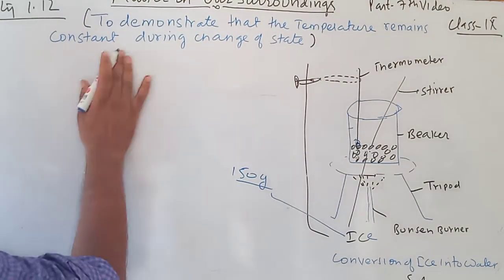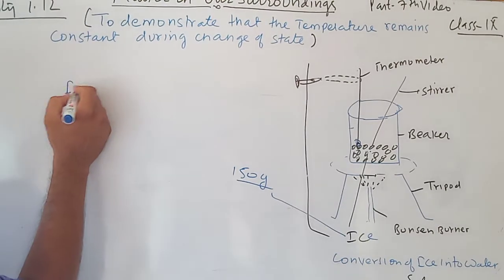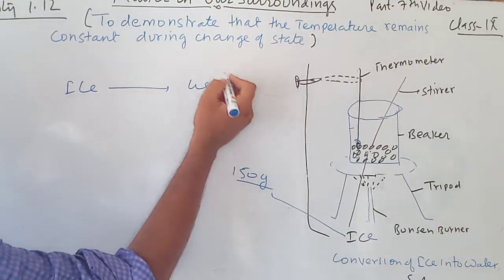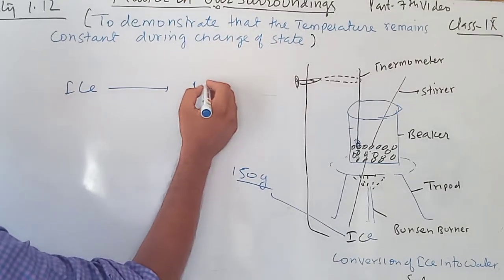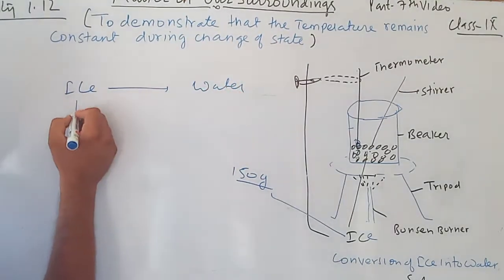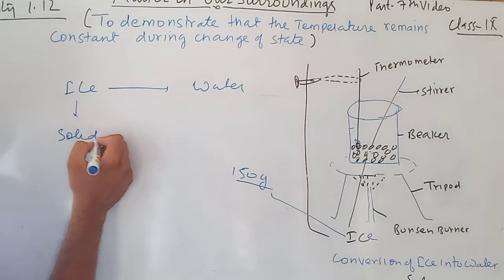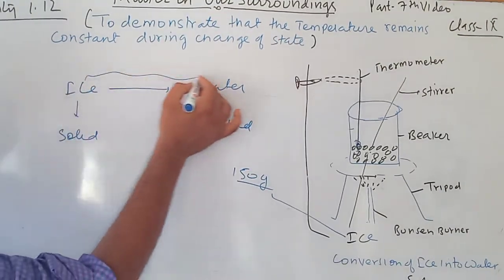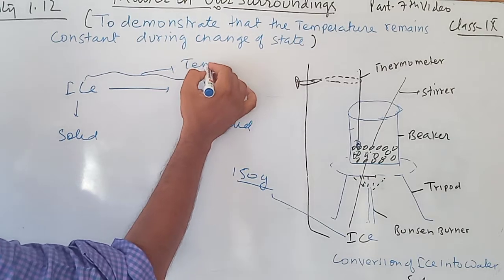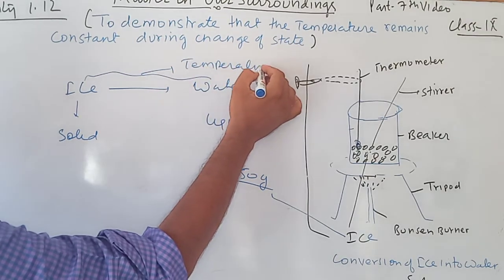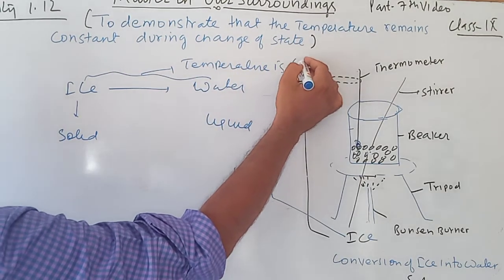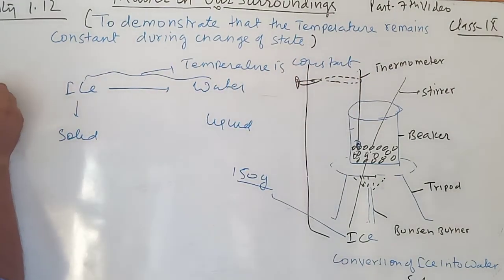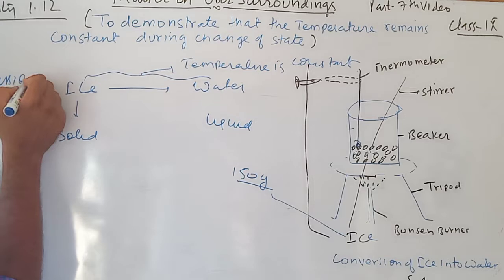So see this very point: when ice is converting into liquid water, it is solid and it becomes liquid. In this process, temperature is constant. So this is the discussion of this experiment.